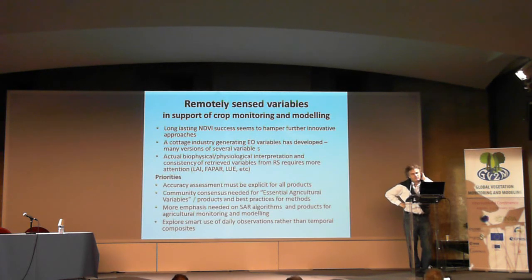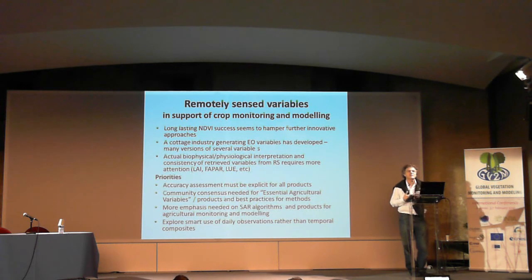But there's been a huge cottage industry of people generating variables, and many versions of the same thing. How many FAPAR products are there? How many alternative VIs are there, from SAVI to GEMI, and it keeps going and going and going.